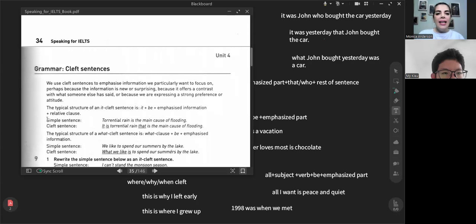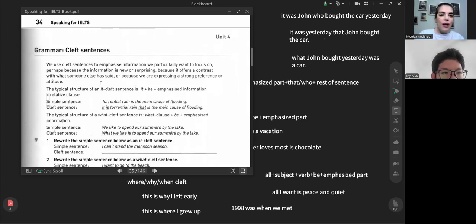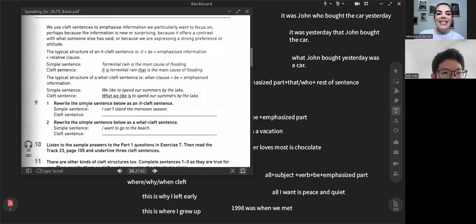Okay. Now let's get started with this spread. Rewrite the simple sentences below as an it cleft. We have it cleft sentence. Let's read the first one: I can't stand the monsoon season. Monsoon season, of course. Why is monsoon, teacher?